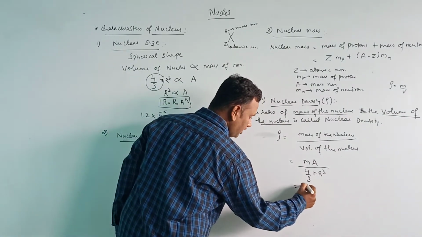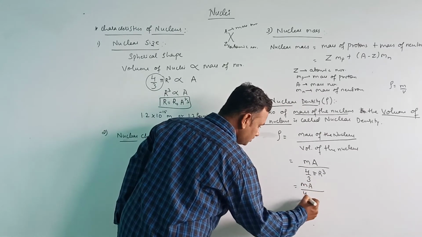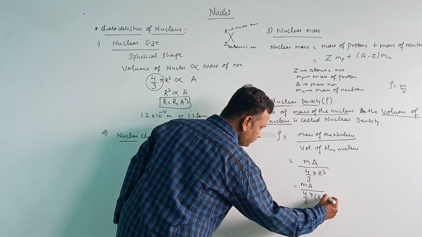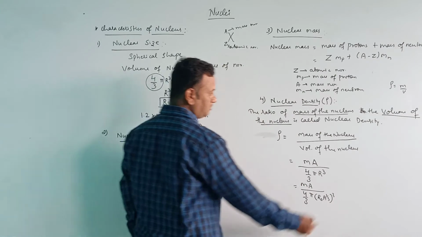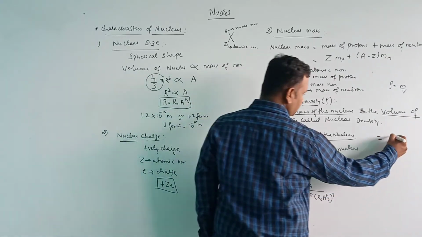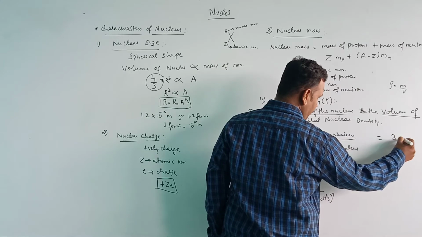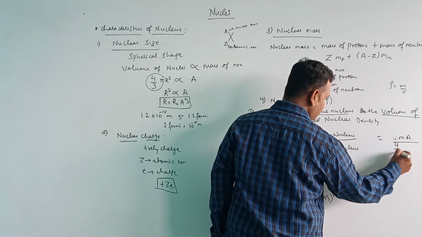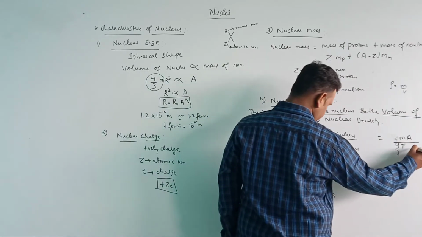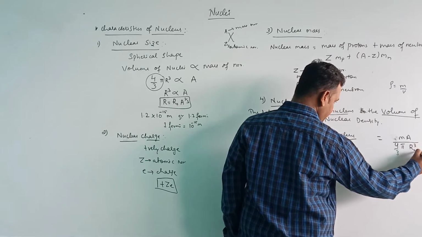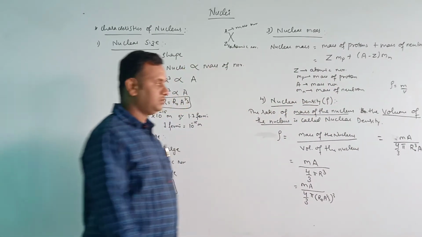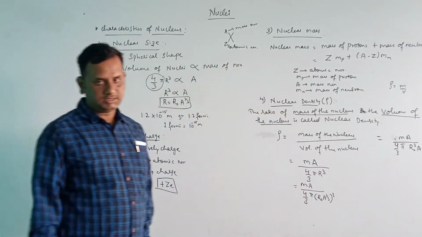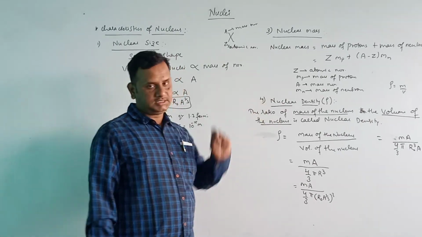So therefore m into a, whole divided by 4/3 pi r0 cube a, so this becomes 3ma divided by 4 pi r0 cube a, which is the density of the nucleus. That is nuclear density.